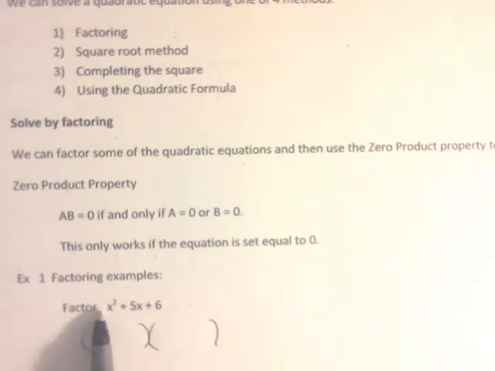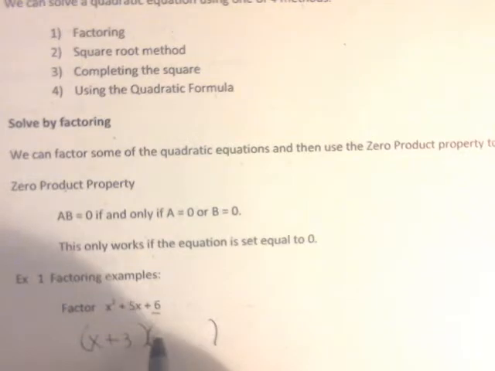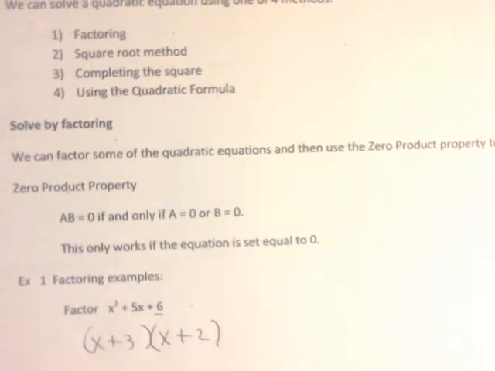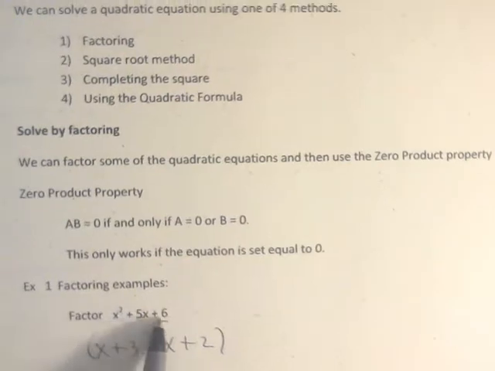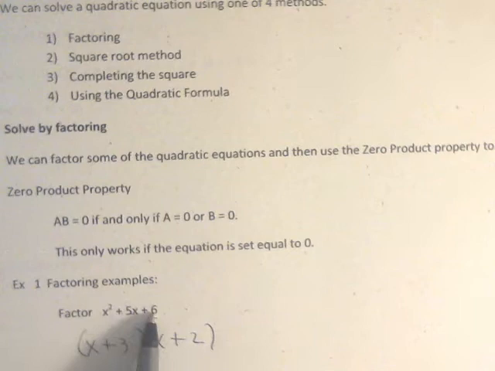And with this being a 1 for my x squared, then I look at factors of 6 with a sum of 5 because everything's positive here. So 3 times 2 is 6, 3 plus 2 is 5. So there are my factors. So you're satisfying two requirements. For this one, we are satisfying two numbers that multiply to give you 6 that add to give you 5.